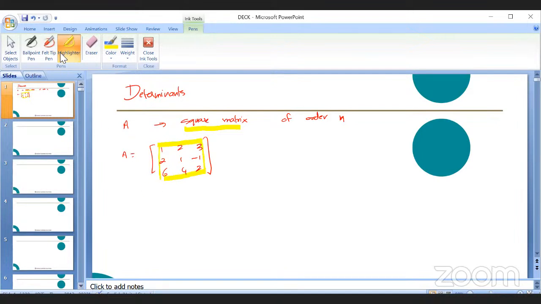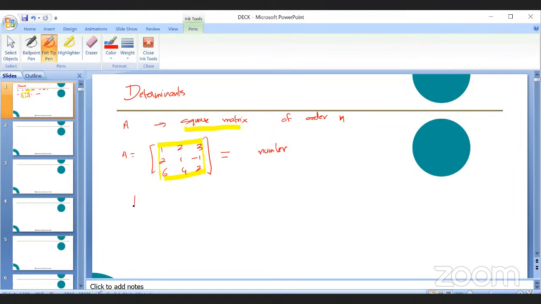But if you associate a matrix to a number, any number, that is called determinant.